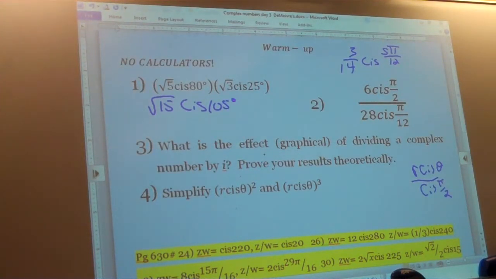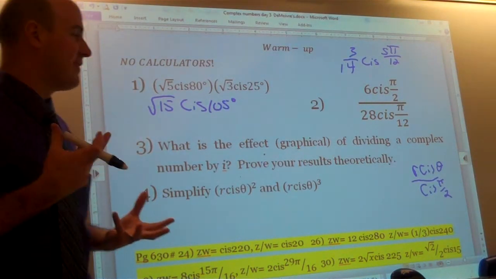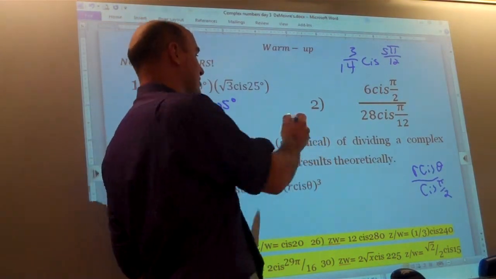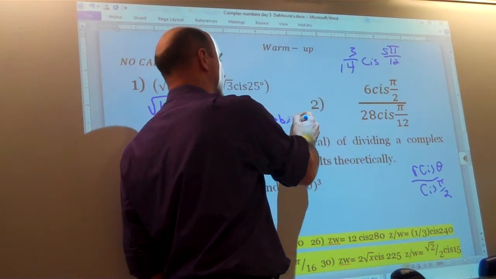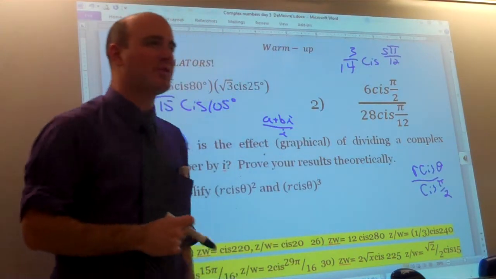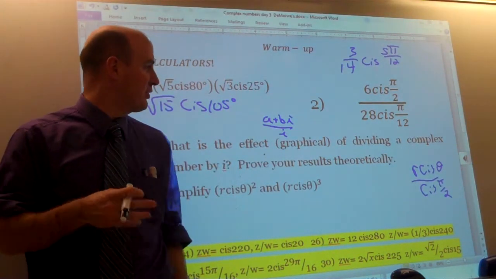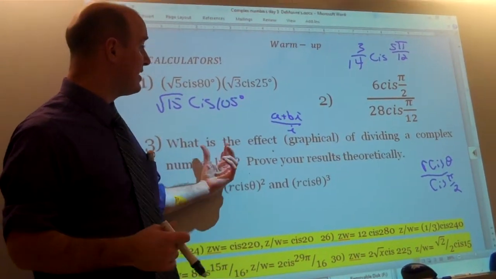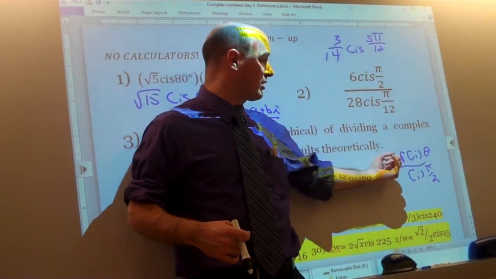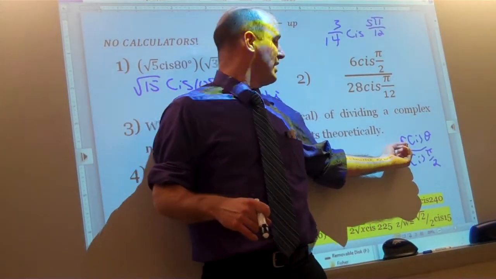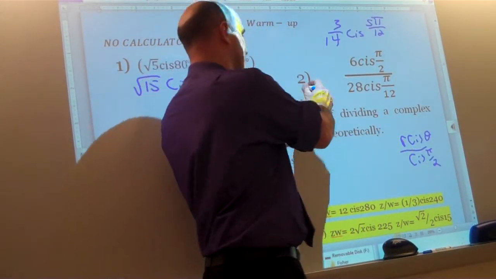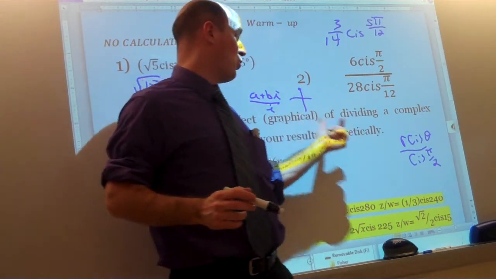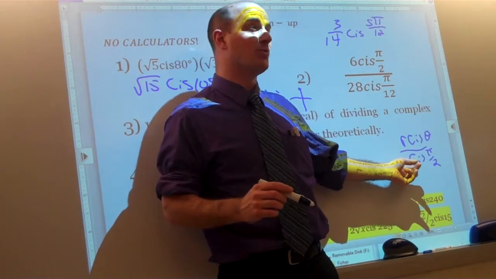In number 3, we're asked to figure out the graphical effect. So if I divided this out in Cartesian, a plus bi divided by i, I'd have more of an algebraic effect. It's harder to figure out graphically what's going on. So what I did is I took it theoretically in polar and called it r cis theta. And when you're dividing by i, that is the point 0, 1, or the number 1 cis pi over 2.